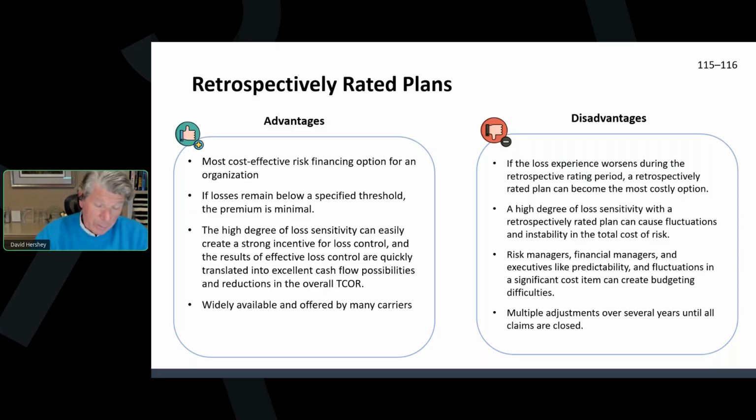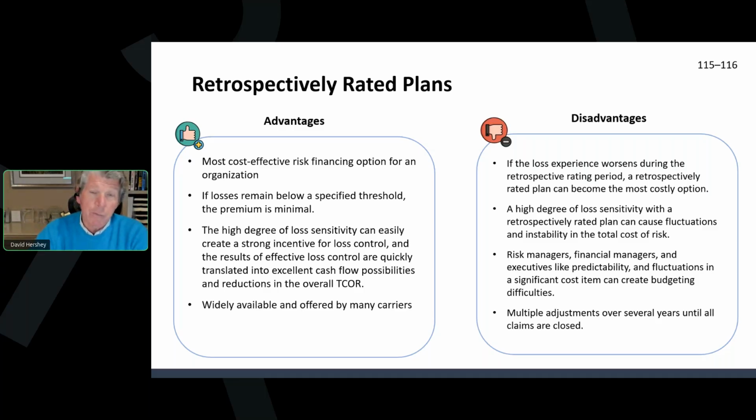So, disadvantages. If loss experience worsens during the retrospective rating period, a retro plan can become the most costly option. When we talked about the standard premium, a maximum might be 3 times the standard premium. So these can be big numbers.